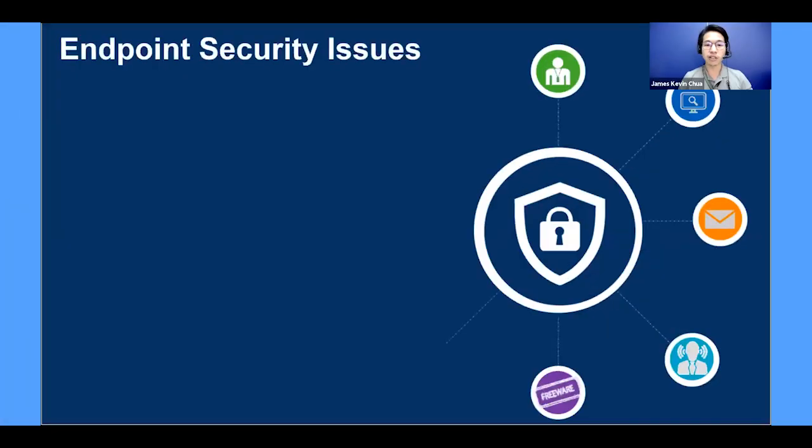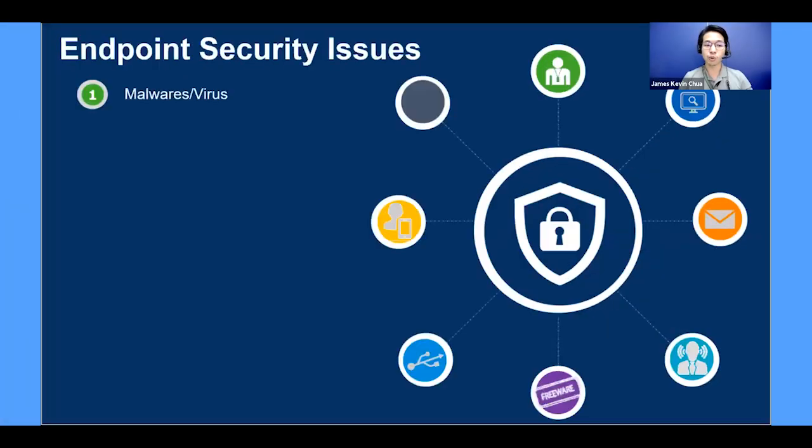First on my list is that we need to contain the malware or viruses that are coming towards our endpoint. So we all know that we have this traditional protection called antivirus, right? Some of these companies are offering free antivirus software on the internet.